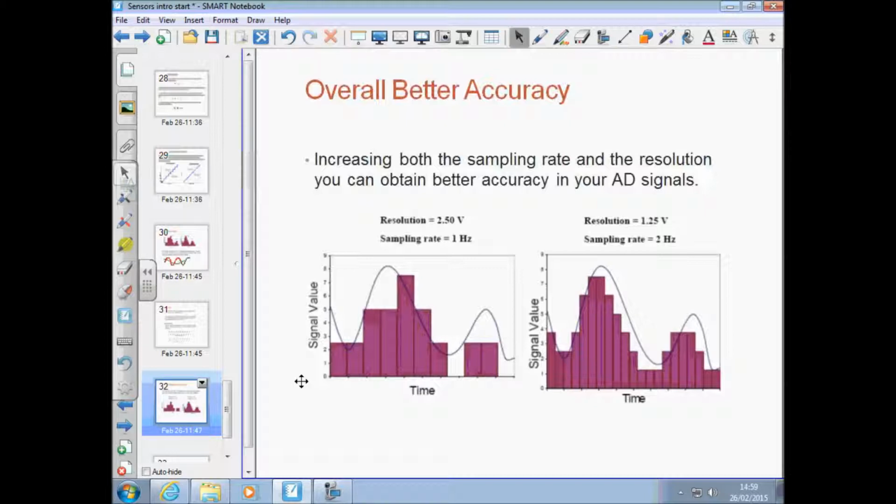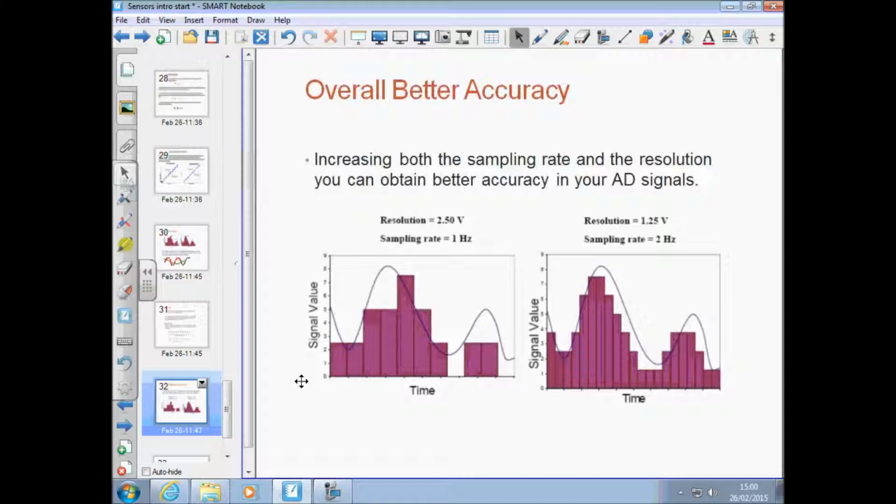Increasing both the sampling rate and the resolution, by having more bits in your ADC, you're always going to make it closer to the real signal. Effectively, you're making the steps on the y-axis smaller by having more bits, and you're making the steps across the time frame smaller because you're sampling at a faster rate. So it's a double gain if you increase the sampling rate and the number of bits.